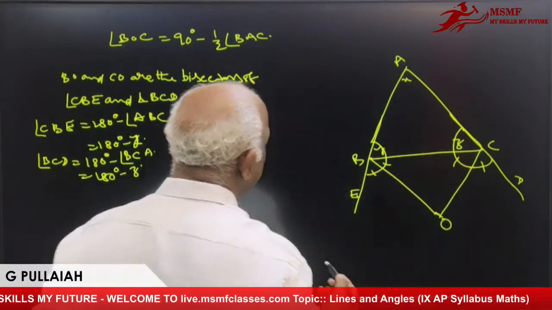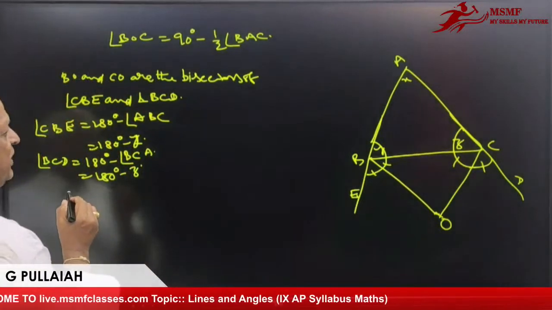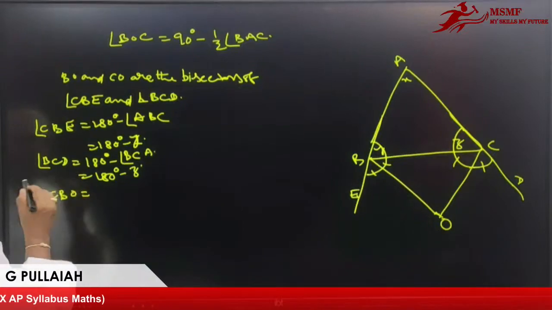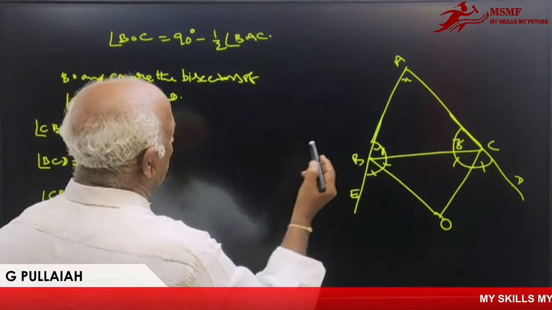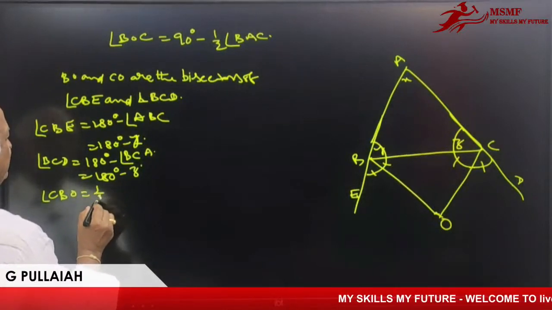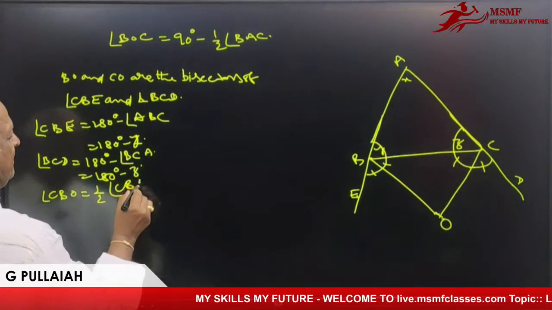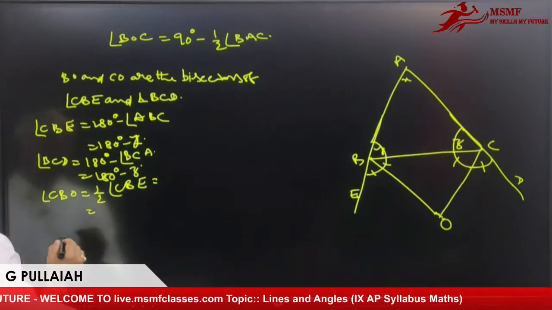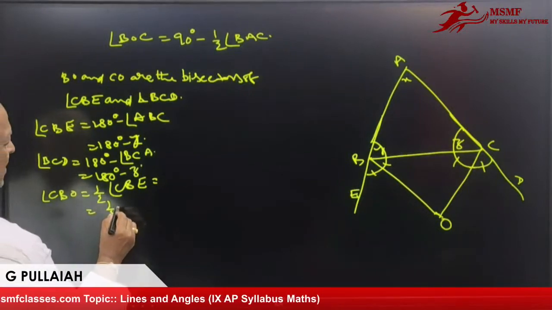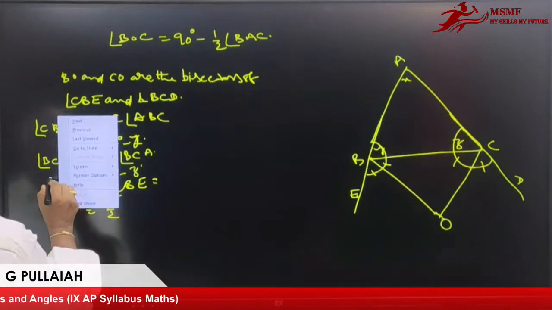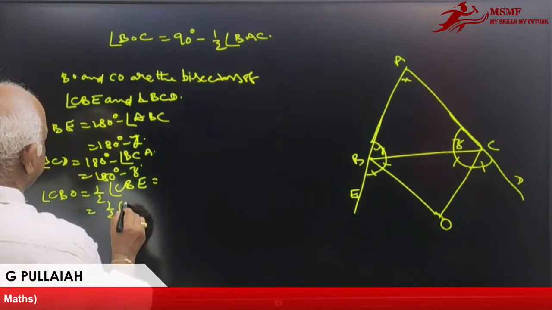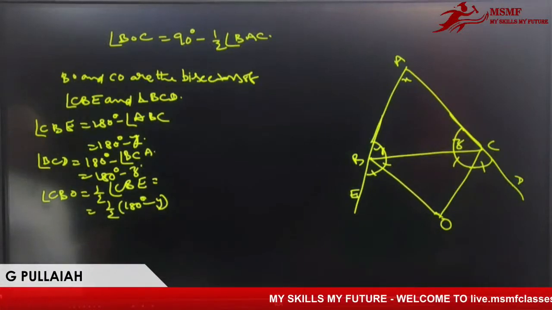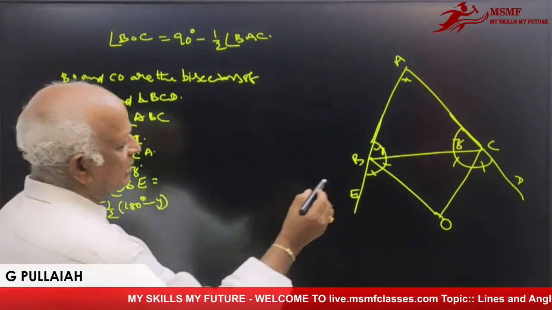If you think about angle CBO, angle CBO is half of angle CBE, that is nothing but half of 180 minus y.